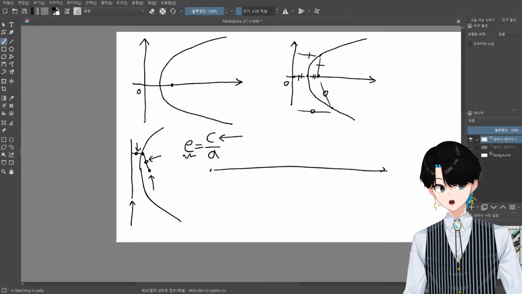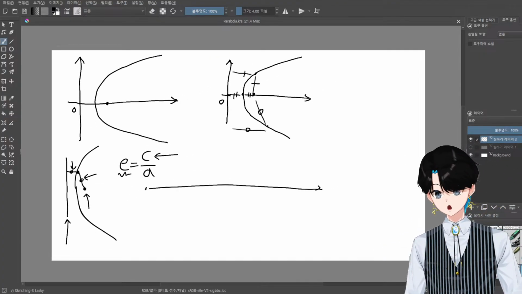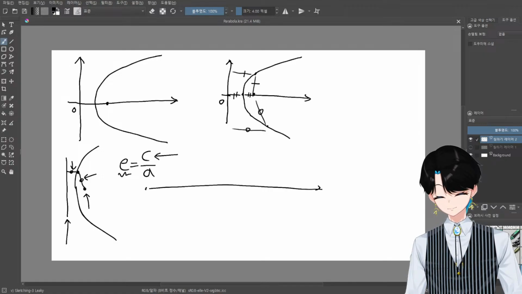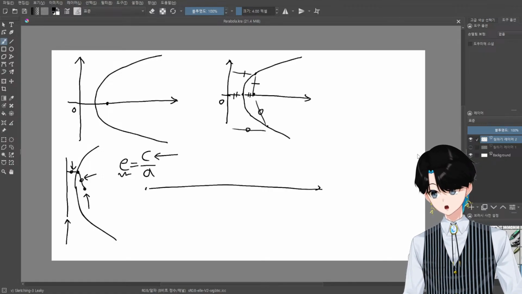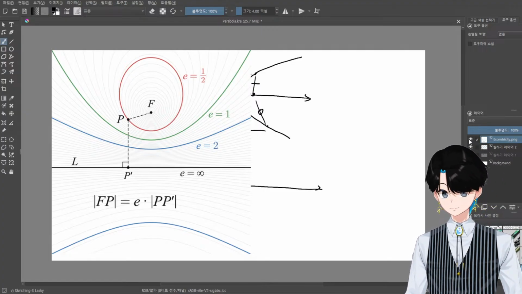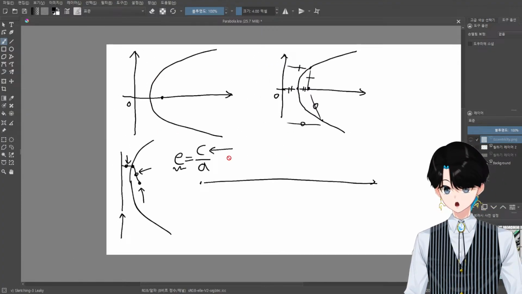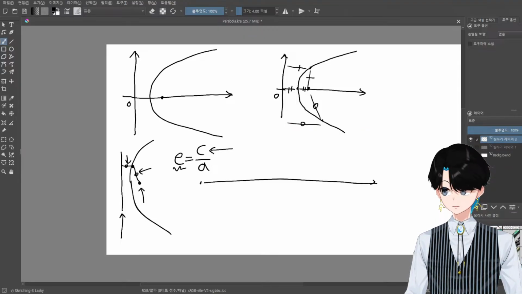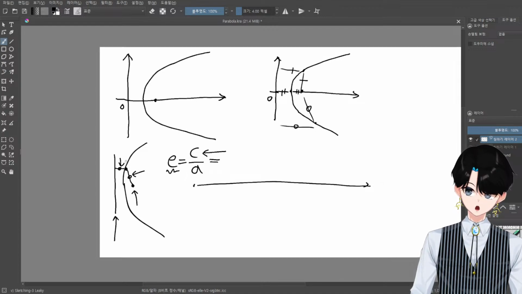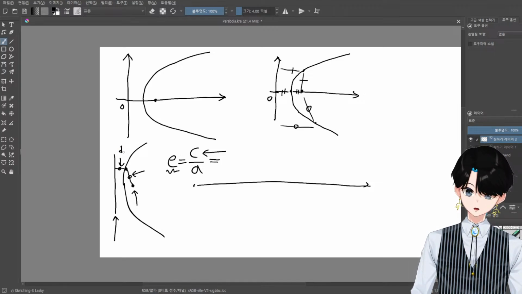I believe this is the thing we saw last time. It's basically this. This value is equal to, let's say, D1 and D2.